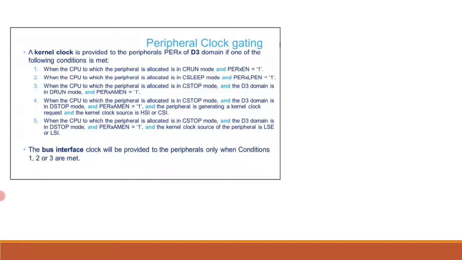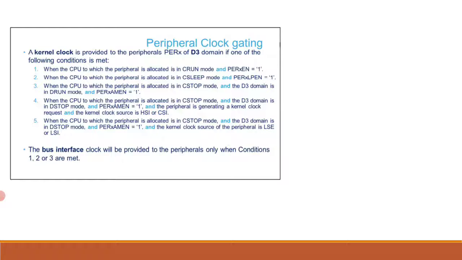When the CPU to which the peripheral is allocated is in C-stop mode and the D3 domain is in D-stop mode and its LP enable bit is set to 1 and the kernel clock source of the peripheral is LSE or LSI. The bus interface clock will be provided to peripherals only when conditions 1, 2 or 3 are met. All the first 3 conditions.